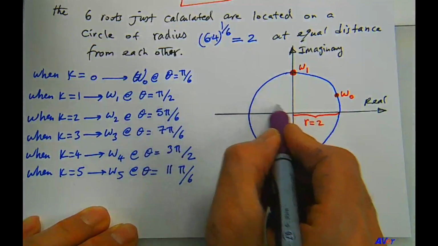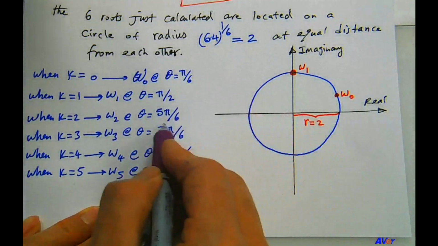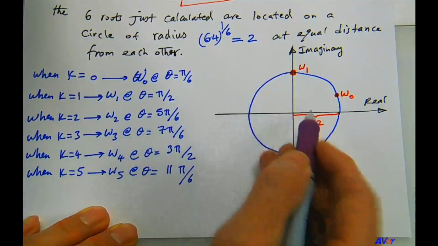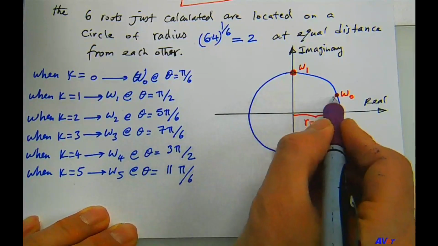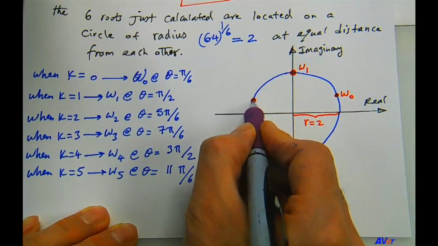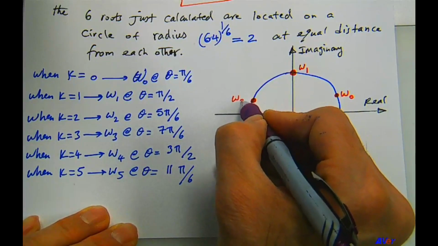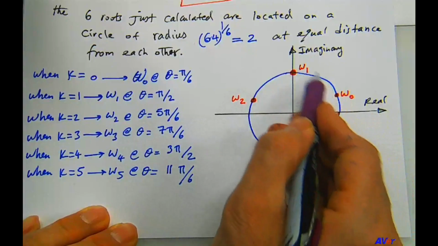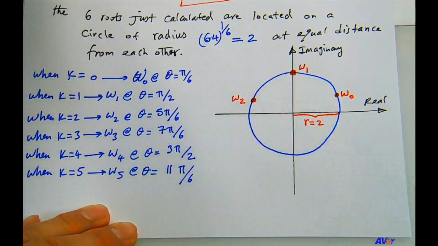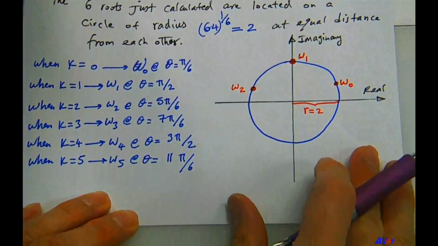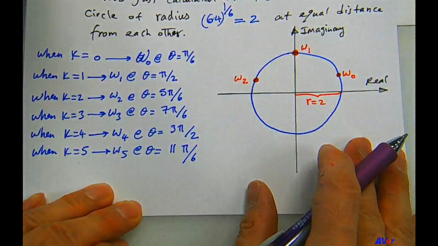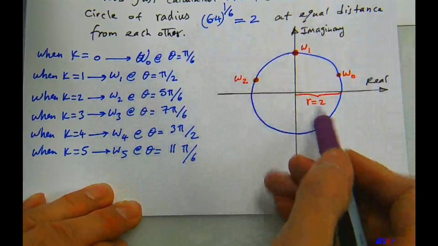That would be here, which has reference angle pi over 6 with respect to the x-axis, right? So it would be right across here. And that would be W2. So these roots must be equally distant from each other, even though manually I cannot draw it that well, but with a computer they would be at equal distance from each other around the circle of radius 2.